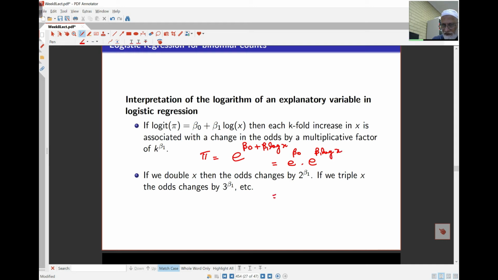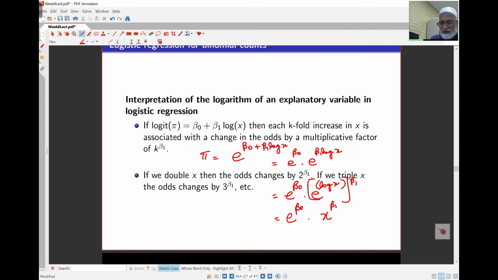And by using the properties of exponential functions, this is e to the log x to the beta 1, so this is a power over here. It's e to the log x, all to the power beta 1, and e to the log x is just x. So this is going to be x to the beta 1.